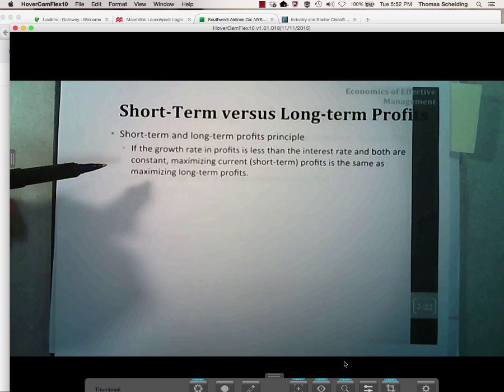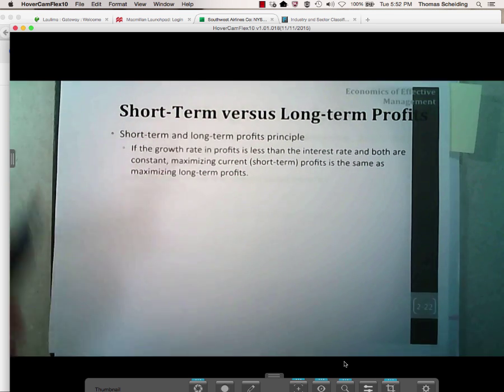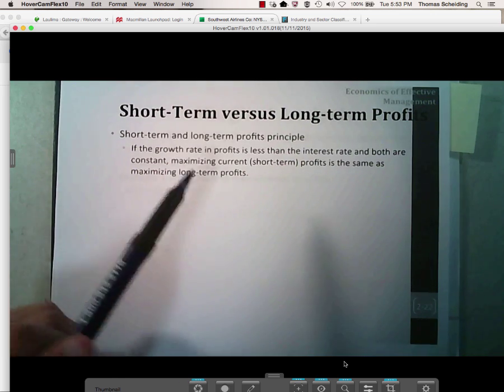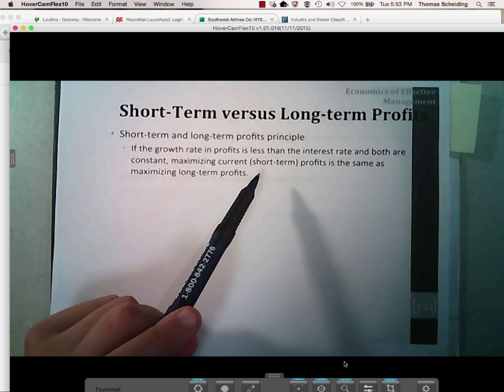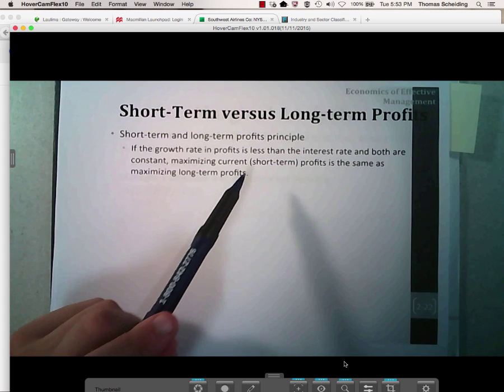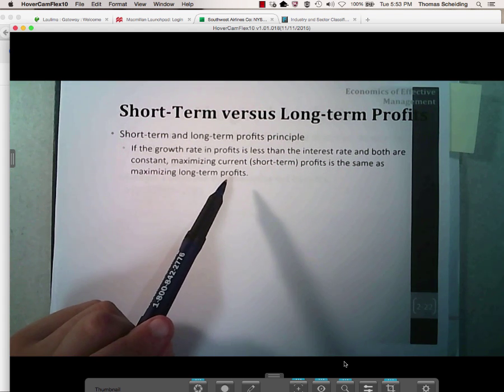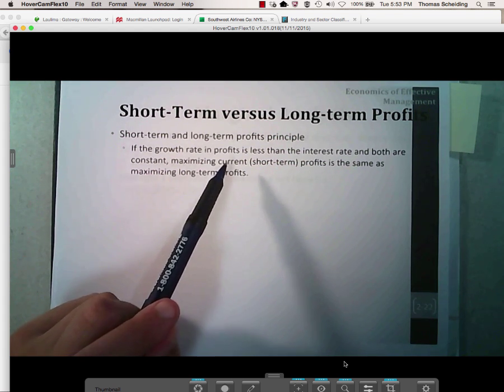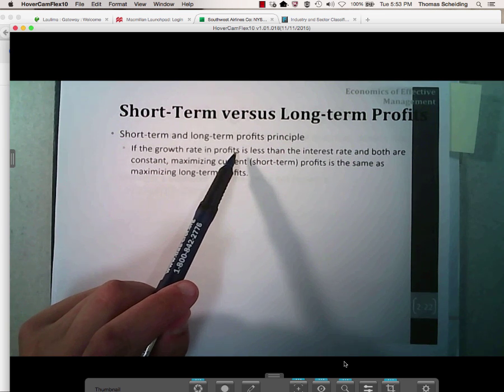And what we see here is that if the growth rate in the profits is less than the interest rate, and both are constant, then, and only then, when we're trying to maximize the short-term profit, would you be able to maximize the long-term profit? Those are really big assumptions, and it doesn't often happen.